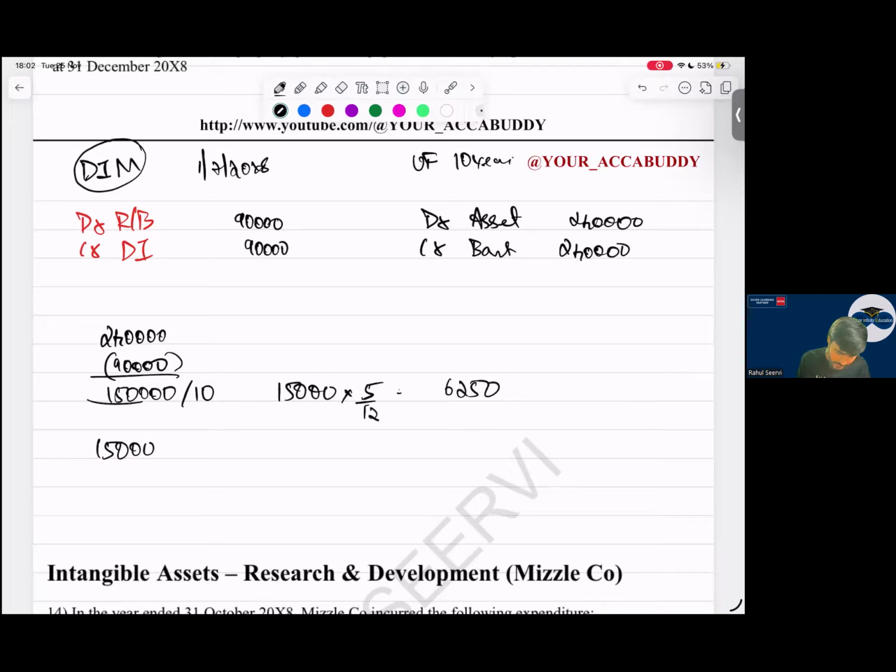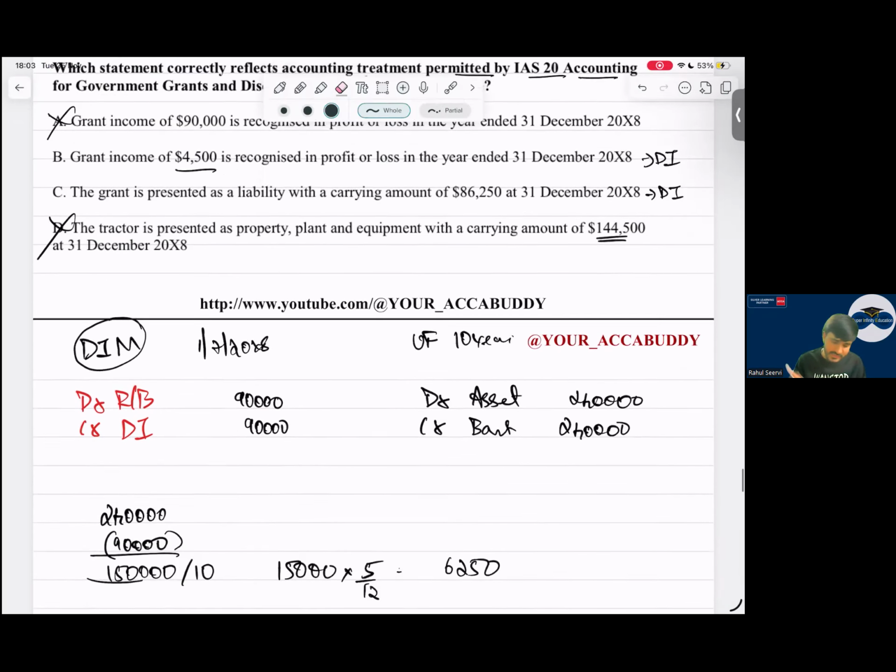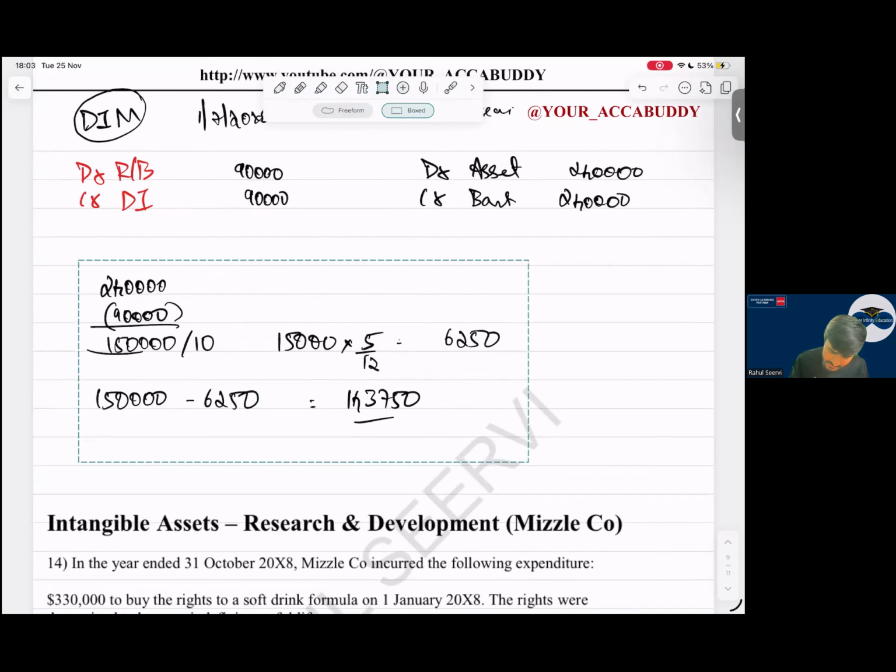Minus 6,250 from 150,000, I'm getting 143,750, but your answer was 144,500. So this is also wrong. That means reduction from the carrying amount of the asset is wrong. Let us try with the other method, sir.